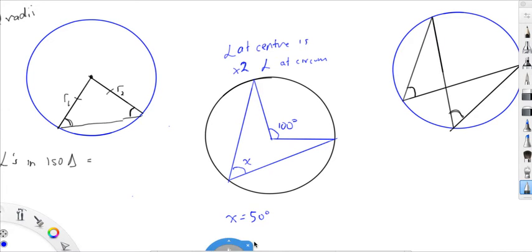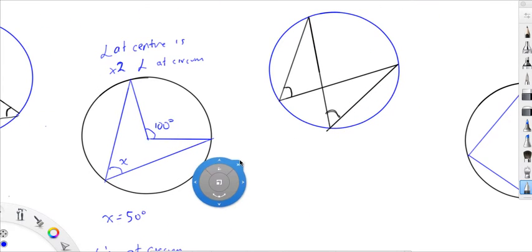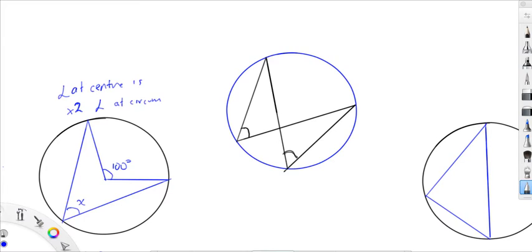Or you can write it another way and say angle at circumference is half the angle at center. Either way works. Alright, next rule.